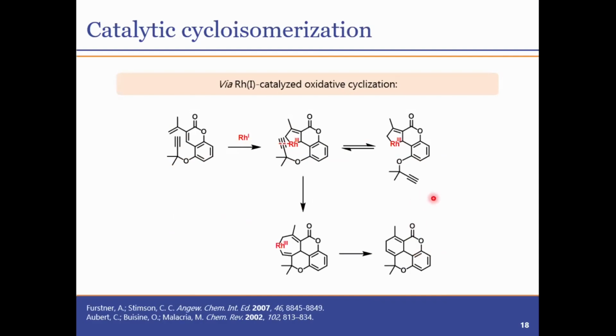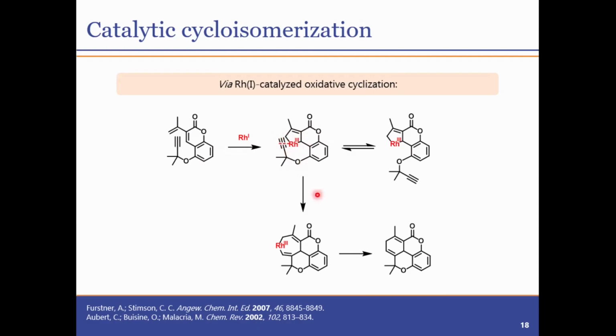So metal catalysis introduced us to the world of catalytic cycloisomerization. It's known in the literature that you can use low valent metals to catalyze oxidative cyclization processes that can net 4+2 cycloadducts. So taking our coumarin diene species in the presence of rhodium-1, it can undergo a cyclization to form this rhodium metallocycle that can then further coordinate the diene component.